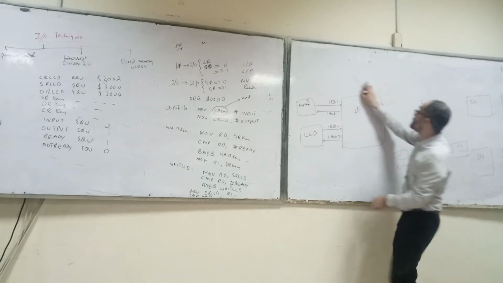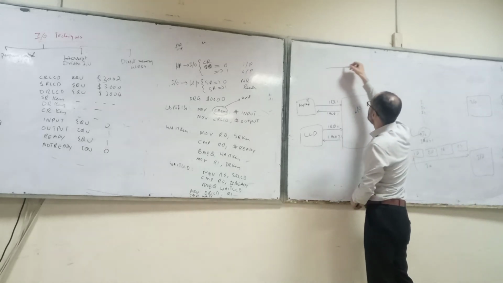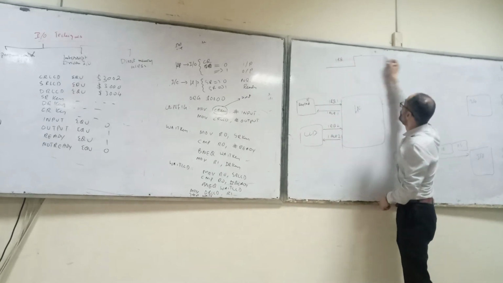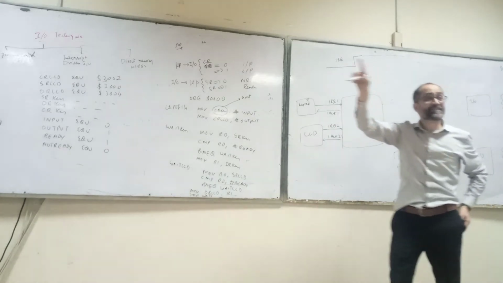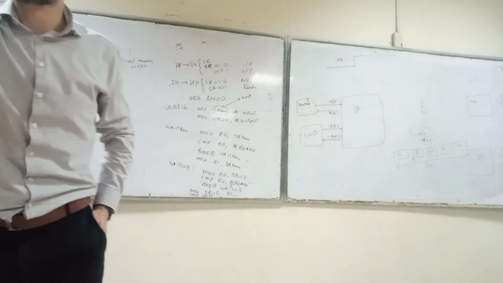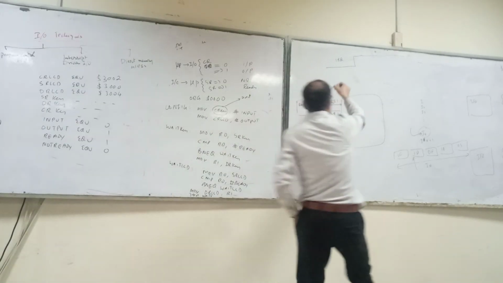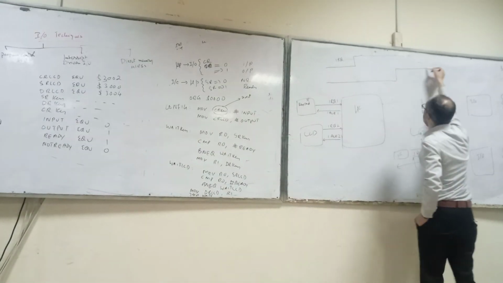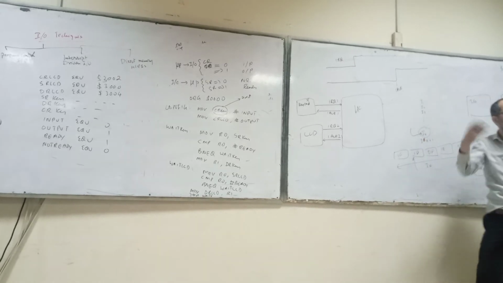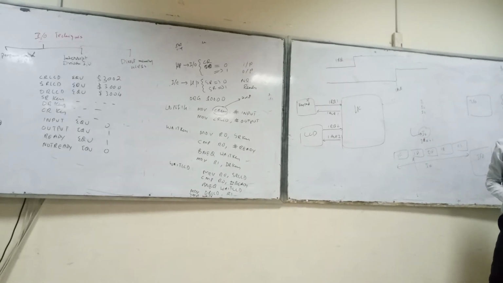So there is a time. When the device makes an interrupt, IRQ, the interrupt request is a signal asserted by the device to the microcontroller that now I want some service. And then after some time, the microprocessor acknowledges, granting the request.